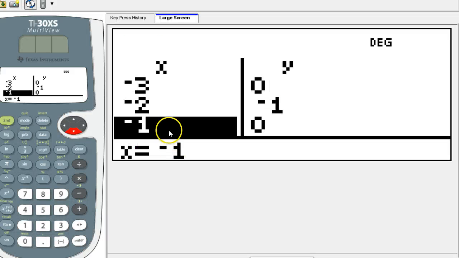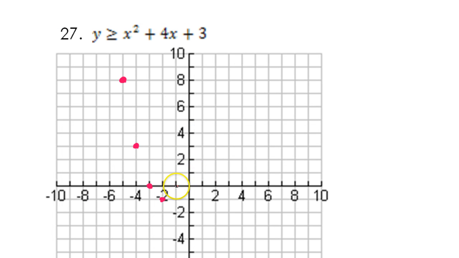And then it starts to repeat. -1 is back to 0, which means the next one will be at 3 and the next one will be at 8. Okay? So let's graph the parabola.